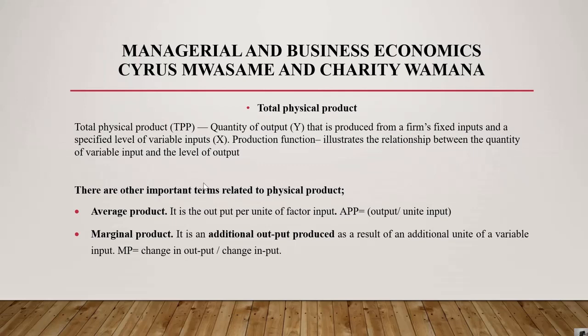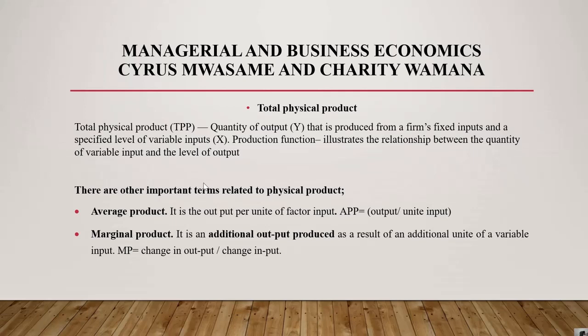In each concept we are adding a unique terminology to separate the two. Remember, in average product we added a unit of a factor. Now in marginal, we're adding an additional unit.